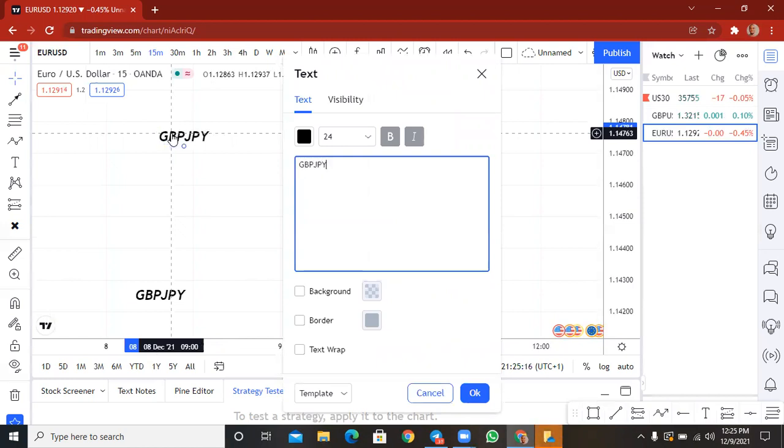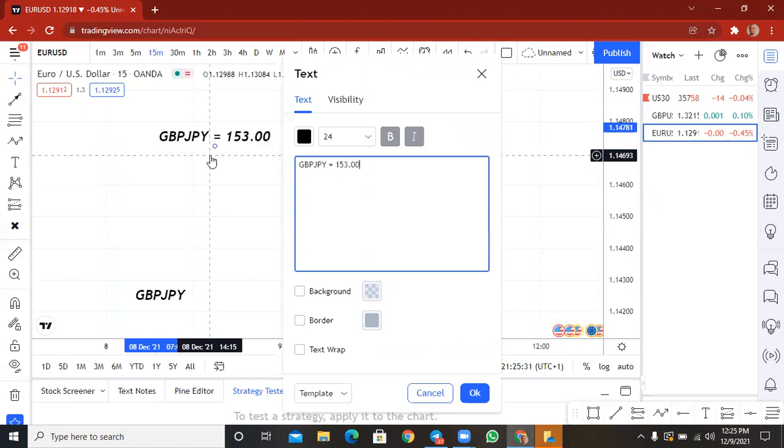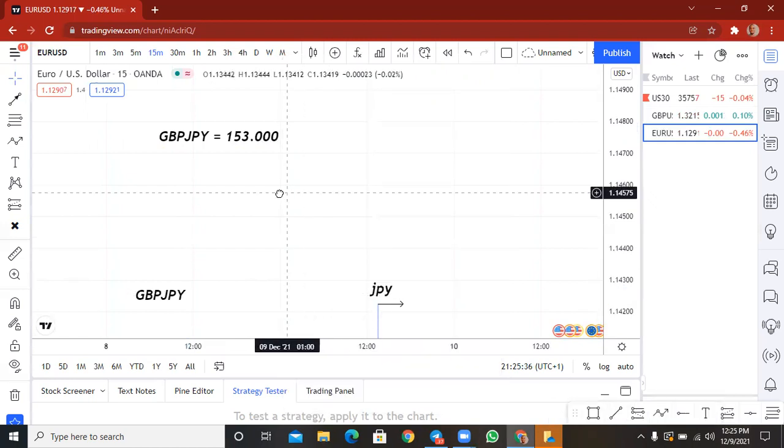So in Forex, whenever you see something like this, what does it mean? Now it's simple.